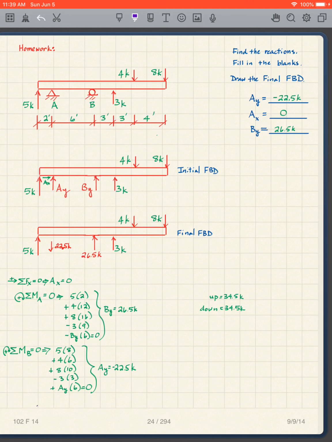We solve for AY, negative 22.5, which means what? We have to flip that arrow around, it points downward now. 22.5, 26.5. And if we add what's going upward, that goes up, that goes up, that goes up, which is 34.5.